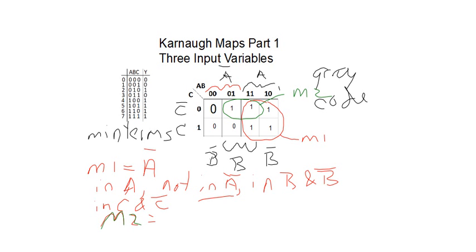The colors are just to help you identify what I'm doing here. So let's look at this one. You can see part of it's in A, part of it's in A naught. Now, all of it's in C naught, none of it's in C.